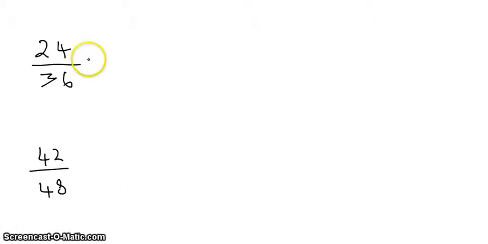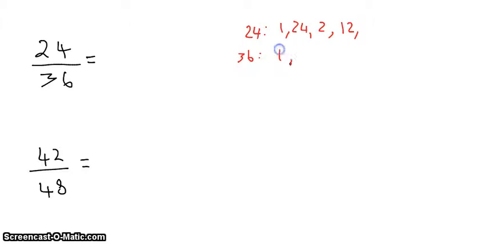Okay, so you've had a go at those questions. Let's simplify them. 24/36. Well, I want to pick out the highest common factor of 24 and 36, and you might have made a list over here. 1 and 24 are factors of 24, 2 and 12, and 1 and 36 go into 36, and 3 and 12.